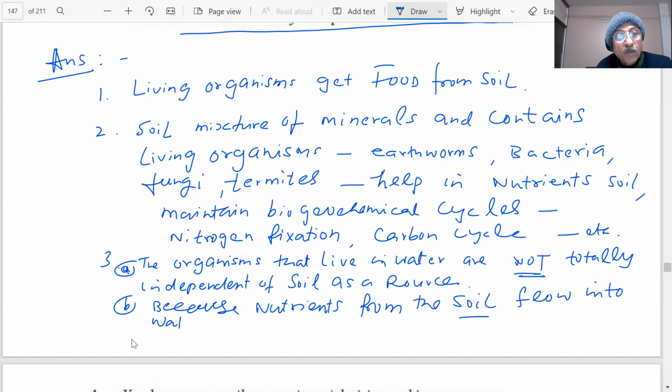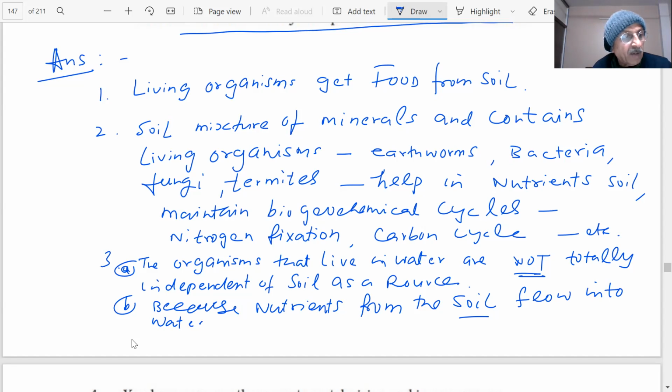Flow into water, student. There are nutrients in the soil. Rainfall will take place. Water is flowing. Water will carry these nutrients of the soil to the water bodies, lakes, rivers, etc.